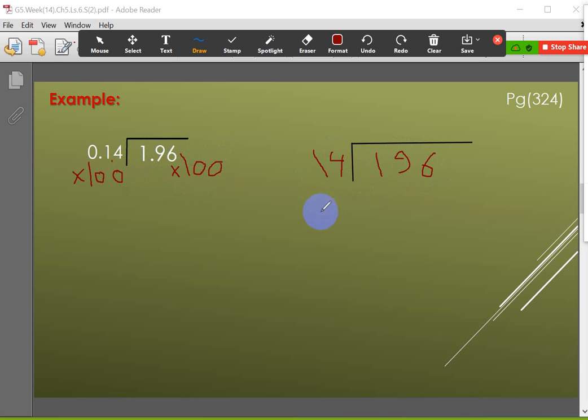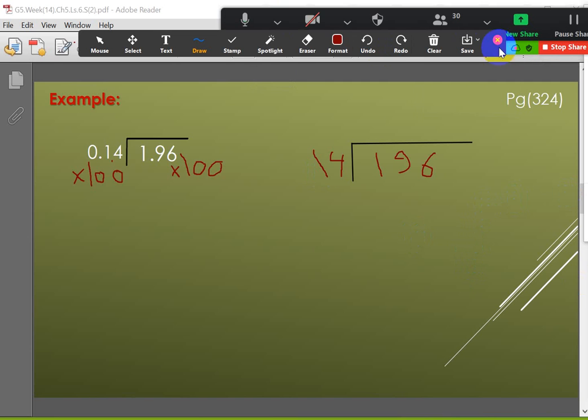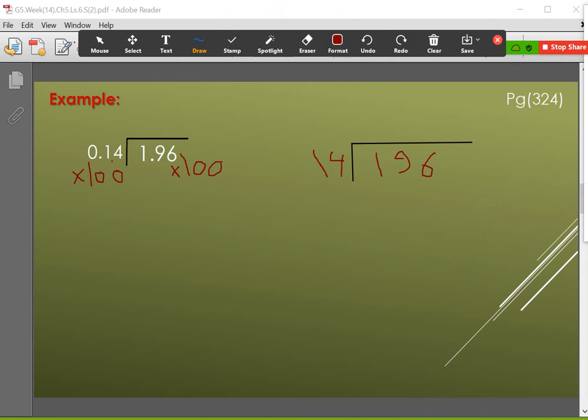Okay, now I want to divide 196 by 14. How will I do that? Okay, let's choose a girl.